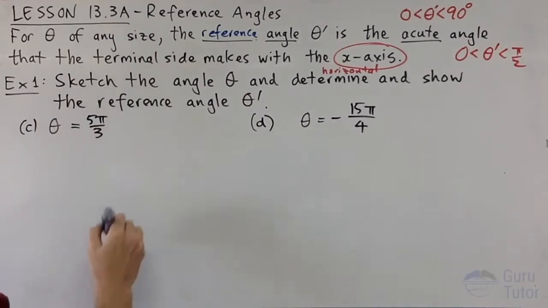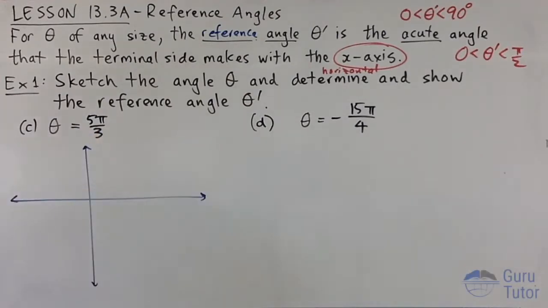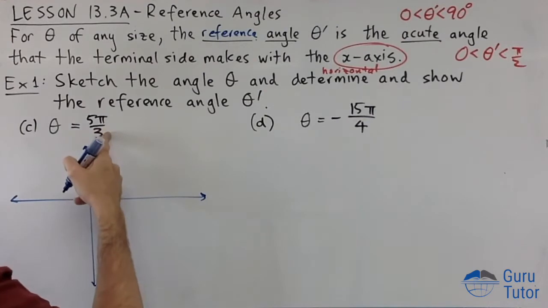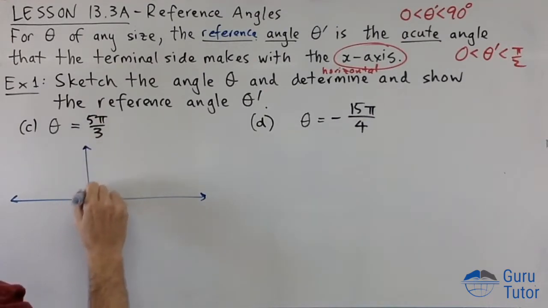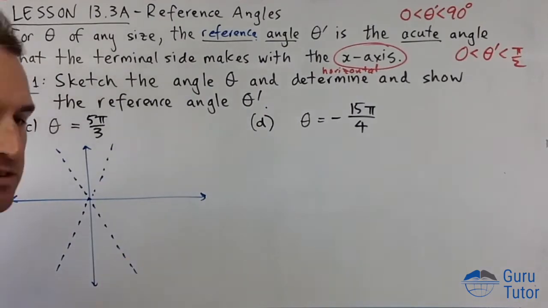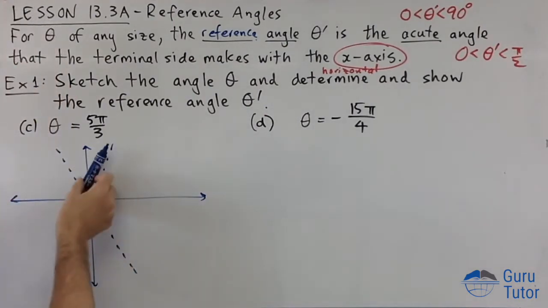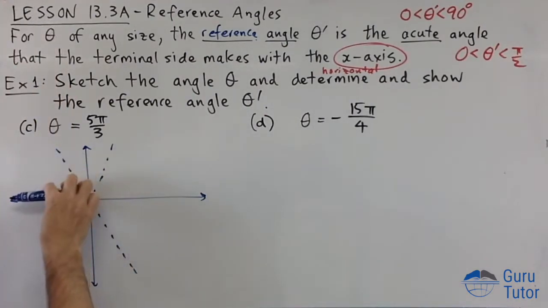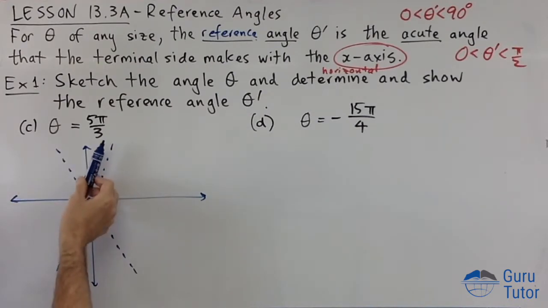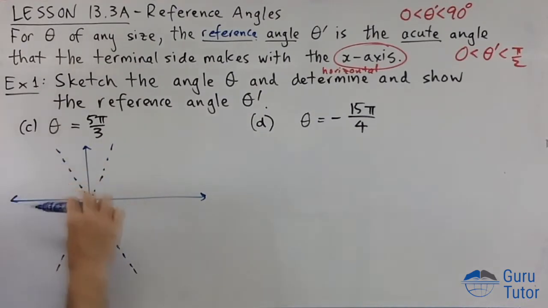Theta is 5 pi over 3. Here we go. Doing our angle here in standard position, 5 pi over 3. So what we're doing here is, if we've got pi over 3, this is going to be 5 lots of pi over 3. And pi over 3 is 60 degrees. We're going to divide this up into blocks of 60 degrees. So this is 60, 60, 60 to make 180. Or pi over 3, pi over 3, pi over 3 to make 3 pi over 3.